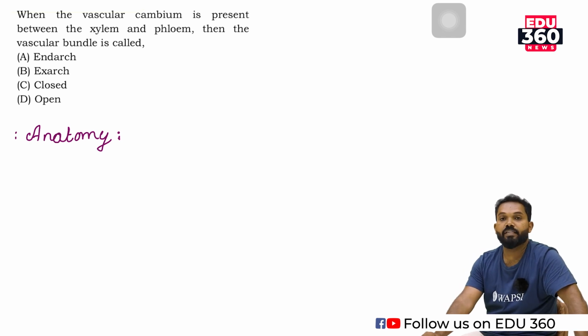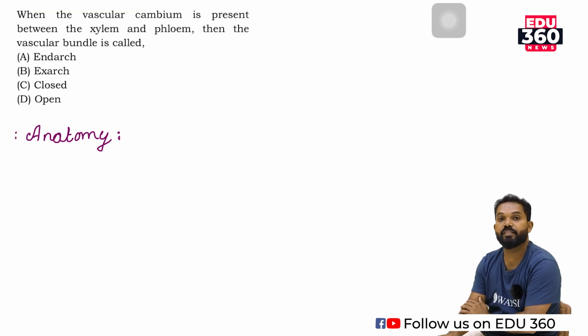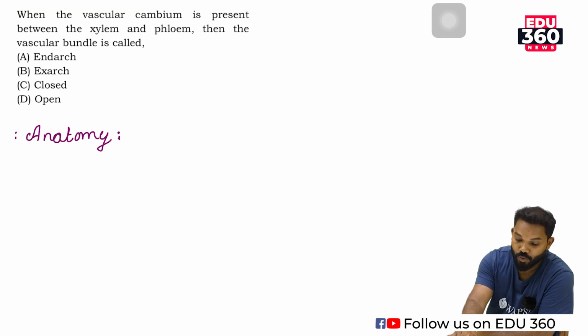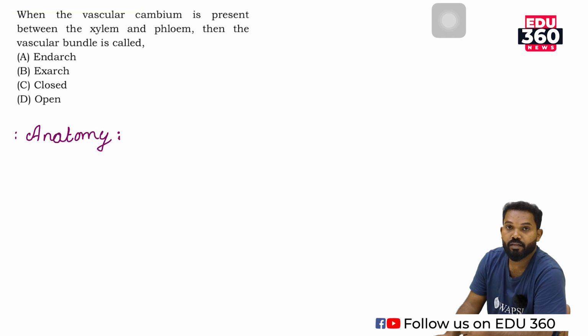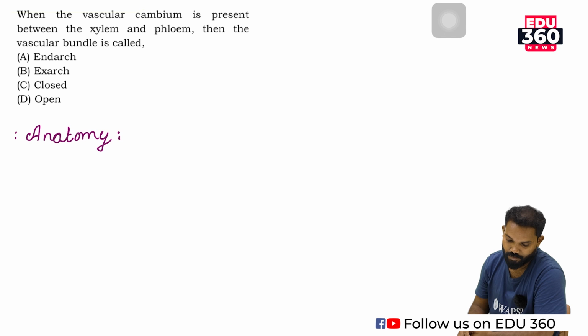Plants having certain peculiar anatomical characters are used in taxonomical classification. Higher plants have advanced anatomical characters or organizations, while primitive plants lack these characters. Here there are two tissues, xylem and phloem, and also vascular cambium.